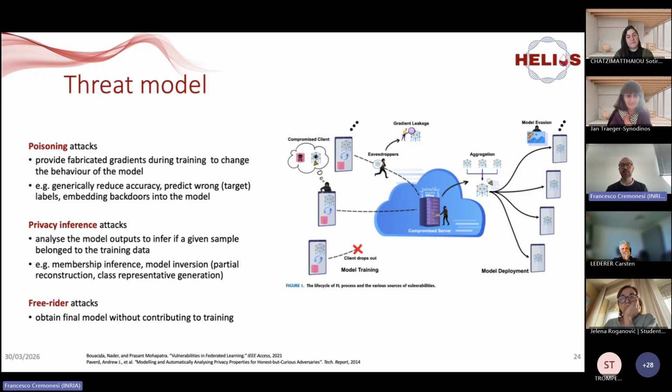If you just blindly trust everybody, it can be very easy for them to share model parameters that don't make any sense, but that will pollute the aggregation. If all of the hospitals are sharing their own model parameters and one of the hospitals says, my model parameters are minus infinity for all values, then the aggregation at the end will fail, and they will have successfully poisoned the process.